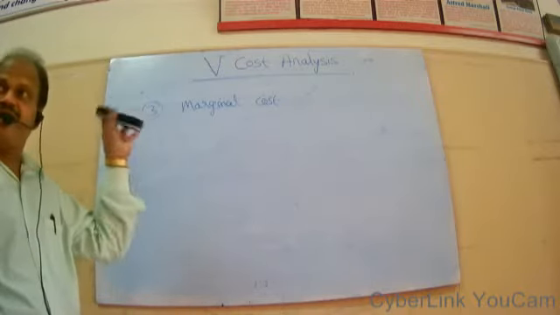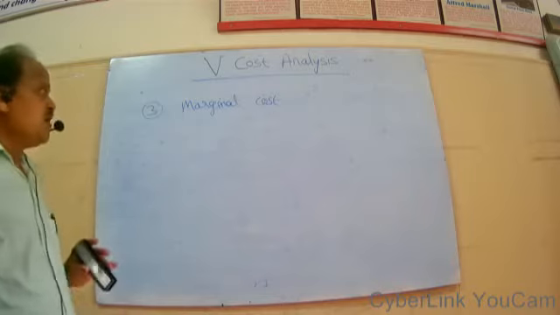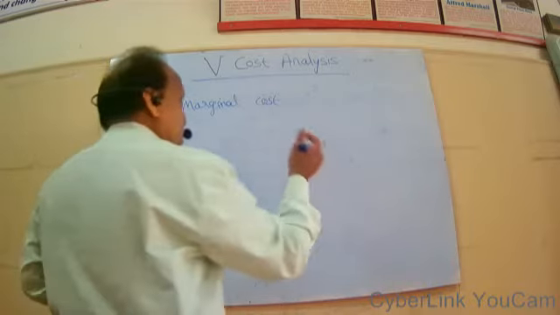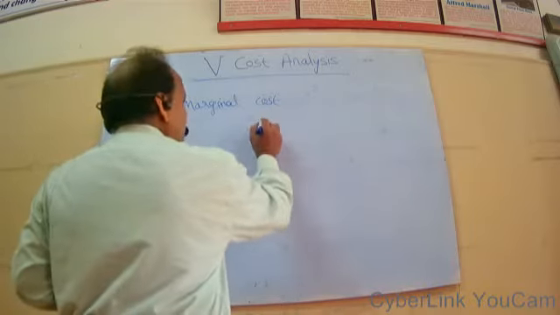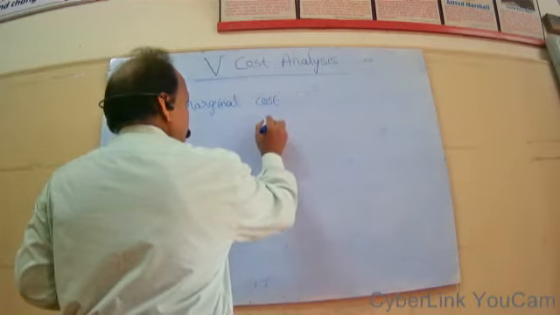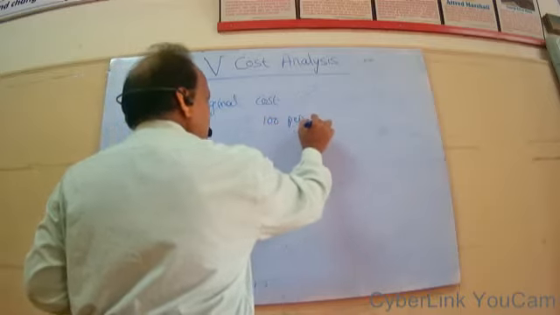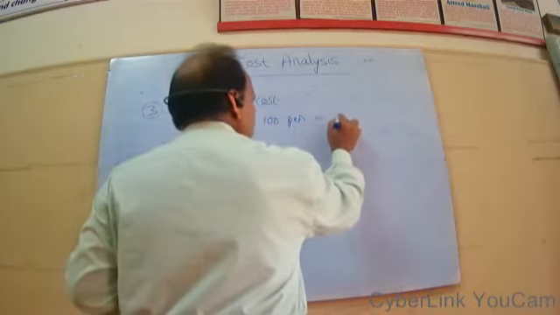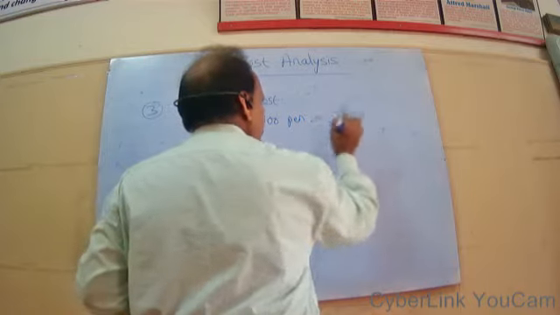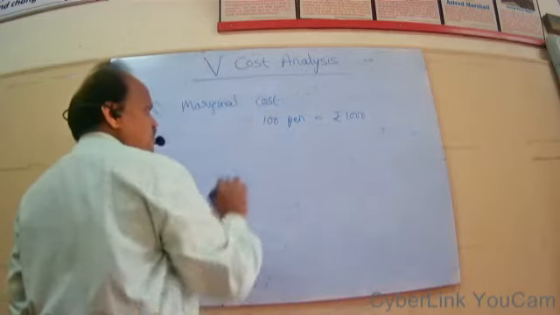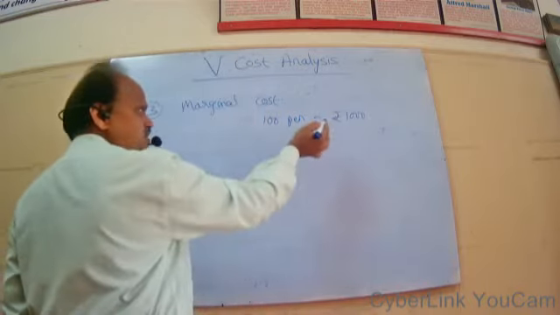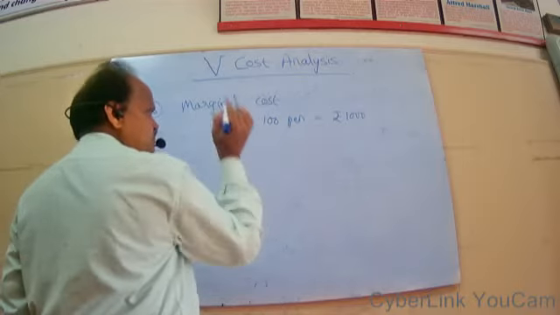For example, the cost of producing 100 pens is equal to rupees 1000.